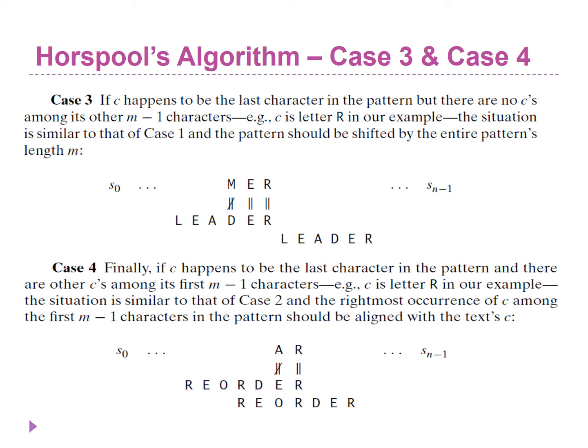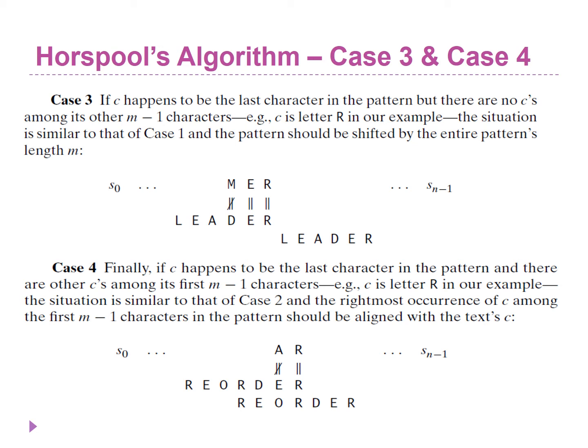Here, the last two characters E and R found a match with the characters in the text, but D does not find a match. Instead, it found the character M in the text, and M is nowhere found in the pattern. Hence, the pattern leader is shifted by its entire length.